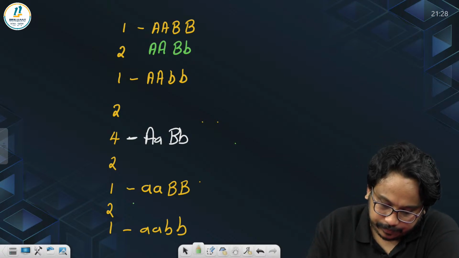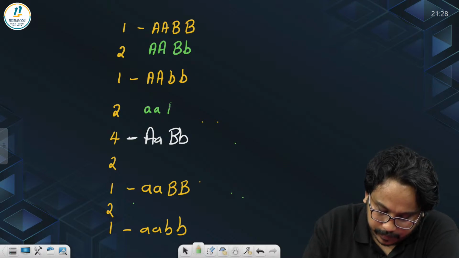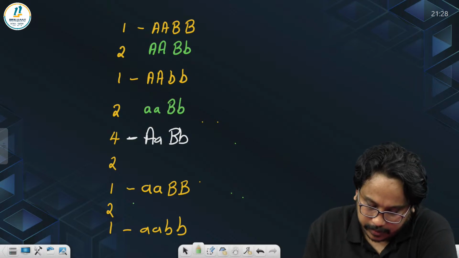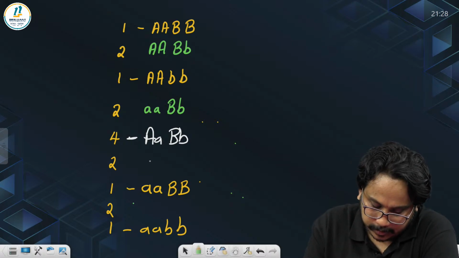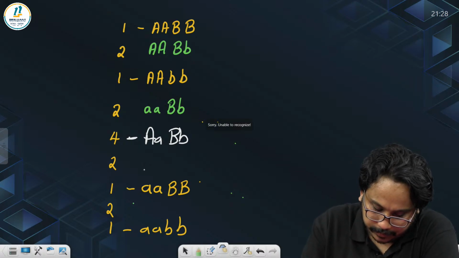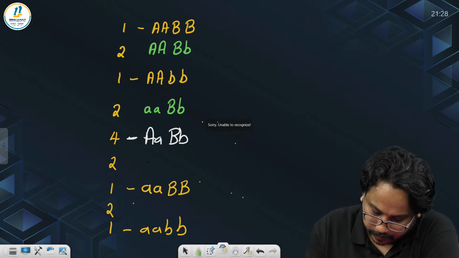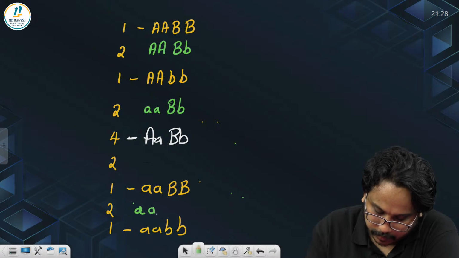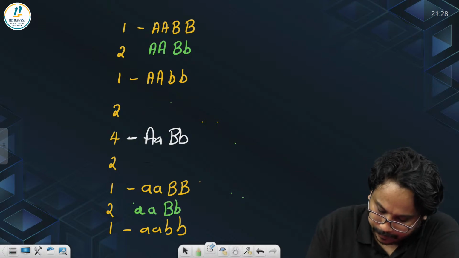Then small a, small a, capital B, small b. Then next is capital A, small a, small b, small b, capital A, small a, capital B, capital B. Like this it will be coming.